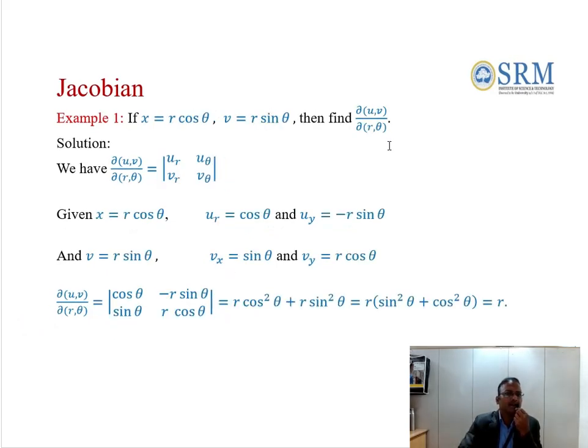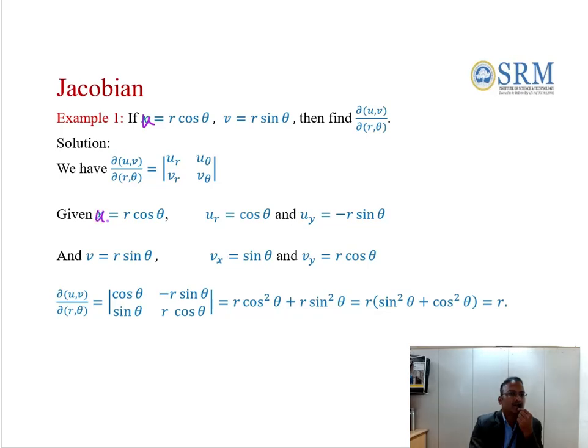Next problem. If u equals r cos theta and v equals r sin theta, find the Jacobian of u and v with respect to r comma theta. The formula is the determinant of dou u by dou r, dou u by dou theta, dou v by dou r, dou v by dou theta.